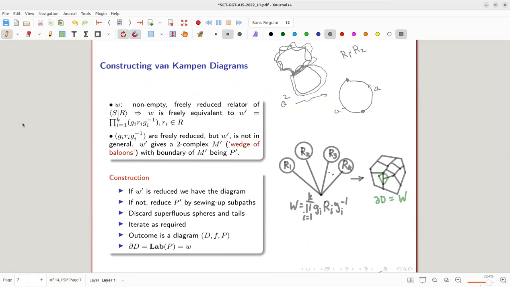Also there is a book by Ghys and de la Harpe on Gromov hyperbolic groups, and there is an appendix to that book by Ralph Strebel on small cancellation groups. I'm following that as well, and there are other references here and there. I will give all the references maybe at the end. So these are the two primary references that I'll be following.